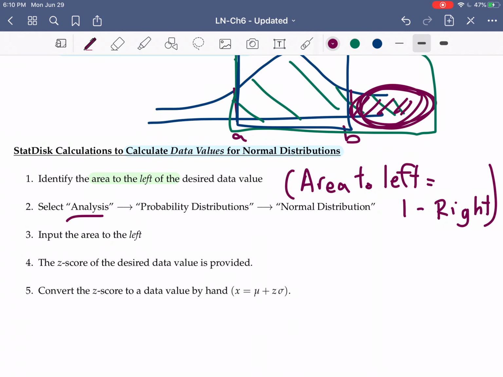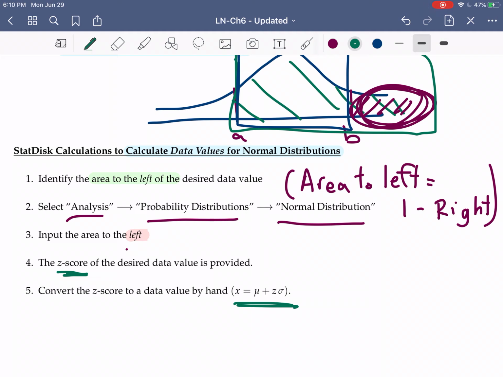Then we select Analysis, Probability Distributions, and then Normal Distribution. Input the area. Again, I can't emphasize this enough: we need to input that area that's to the left. We will evaluate that. This will spit back the z-score of the desired value, and then by hand we would convert it from a z-score to a data value.